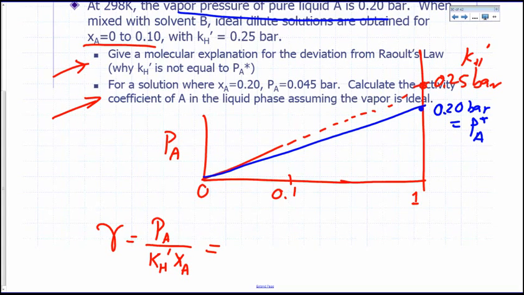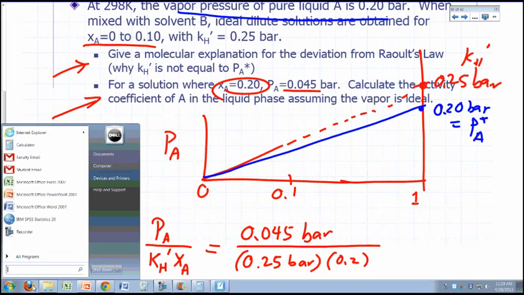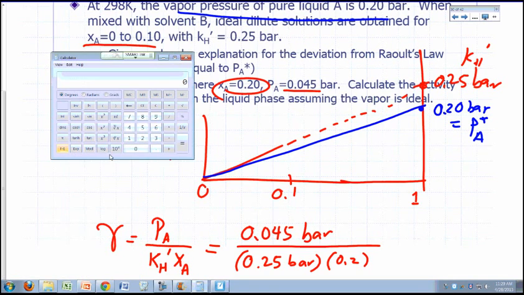Okay, so what's our actual vapor pressure? It's 0.045 bar. KH prime is 0.25 bar. And mole fraction of A, according to this, is 0.2. Okay. So what is that? Let's see. Let's multiply 0.25 times 0.2 is 0.05.